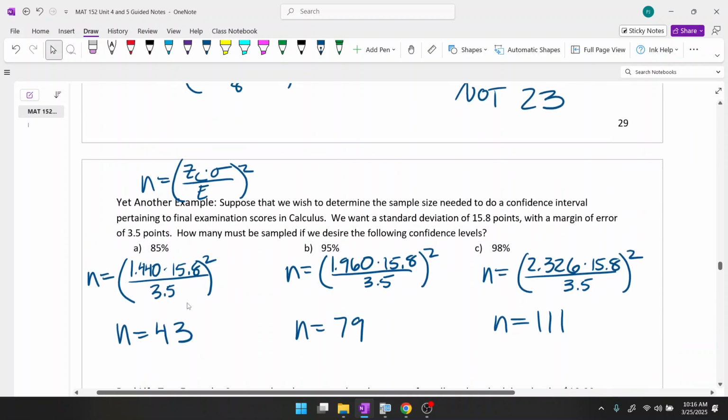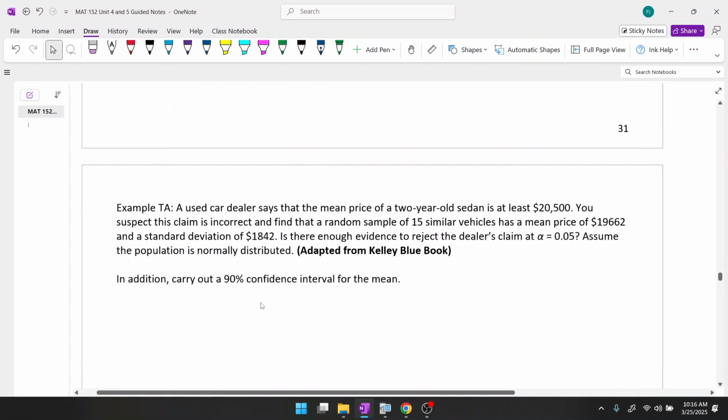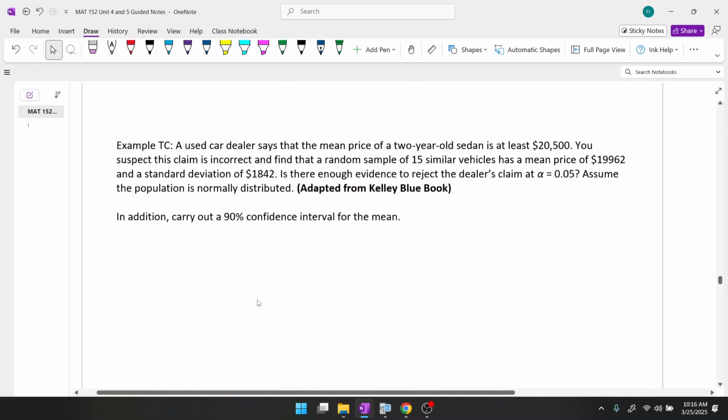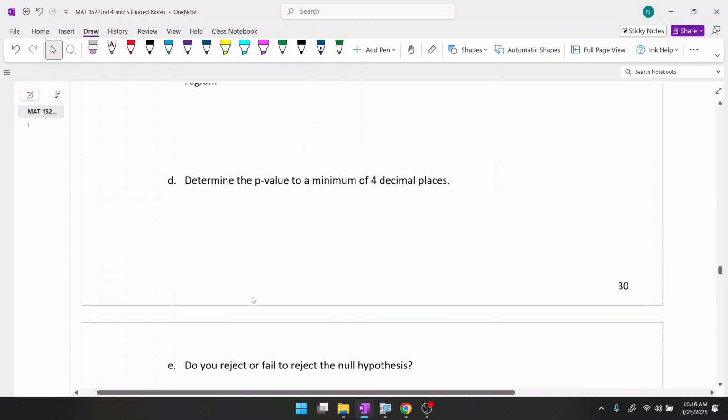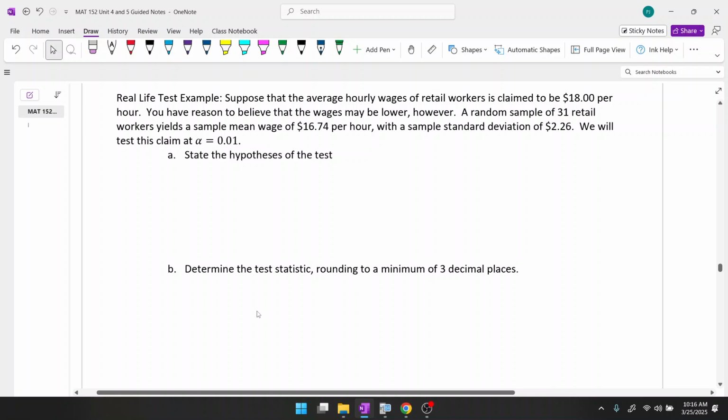So beware of that. Now we're going to do a real world test example. And then what we're going to do is confidence interval. Suppose the hourly wages of retail workers is claimed to be $18 an hour.